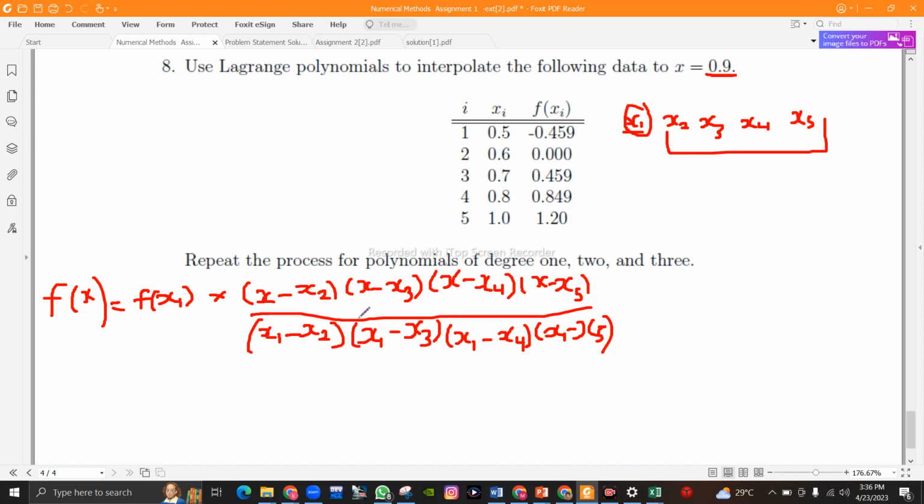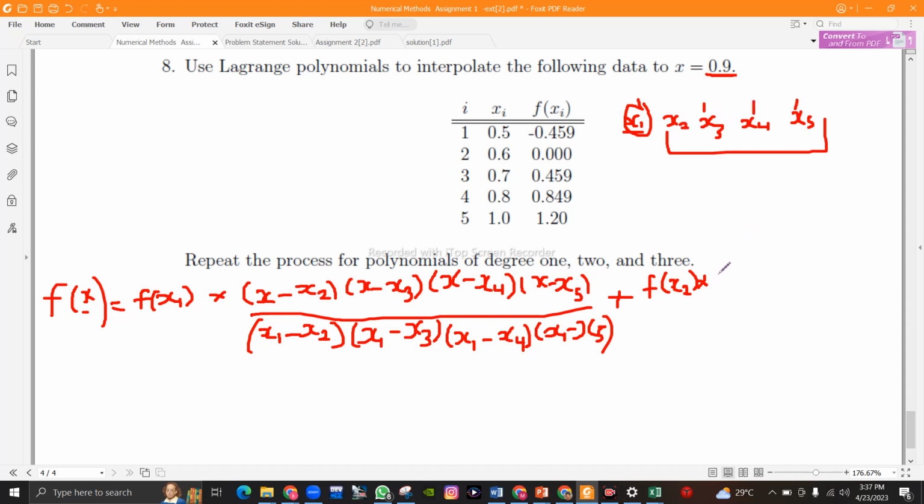We've done for x1. Now plus, we'll do for x2 now. F of x2 times, now since we are using x2, that means we are subtracting this x that we are given from x1, x3, x4, and x5. We're not going to use x2.